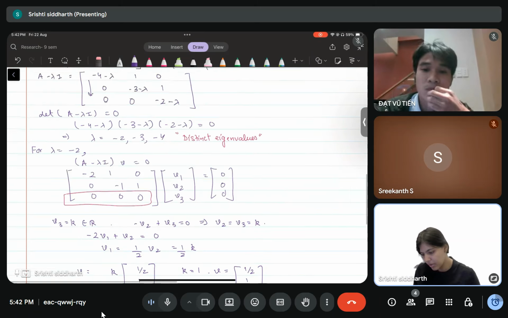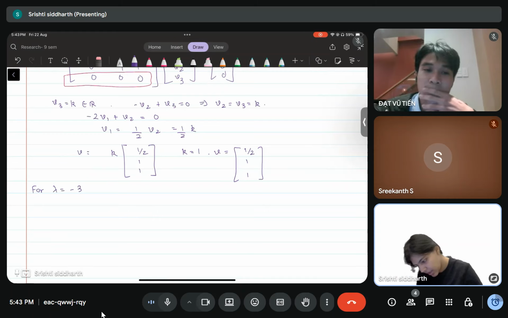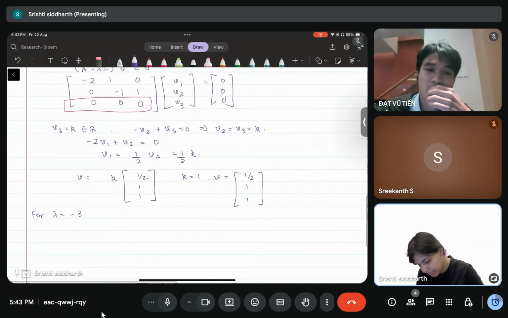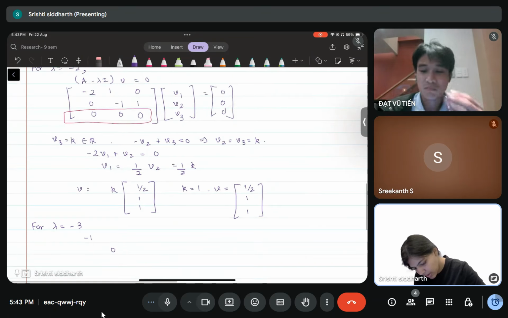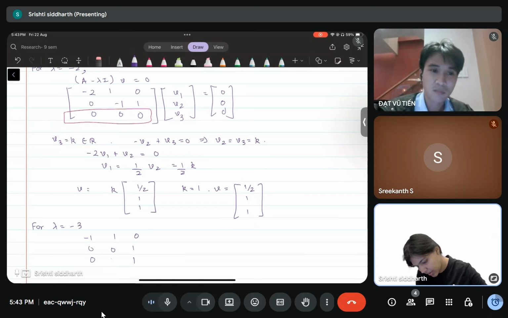We can just repeat the process for the other two eigenvalues. Let's do that quickly. For lambda equals minus 3, minus 1, 0, and plus 1, and 1, 0, 0, 1, 0, 0.